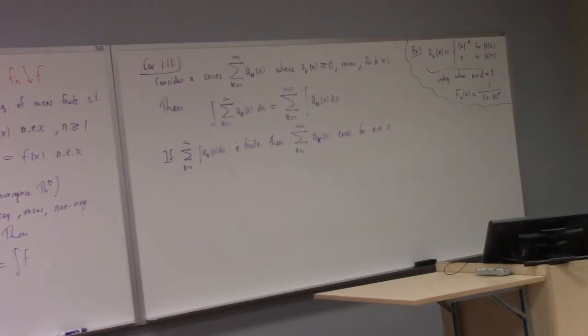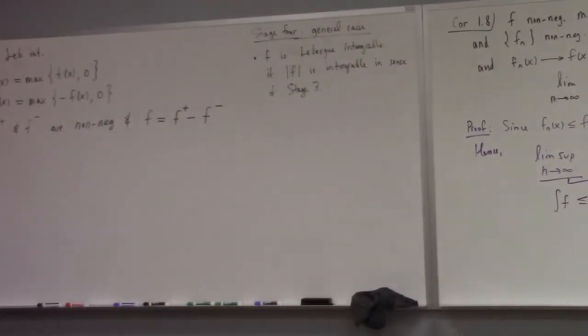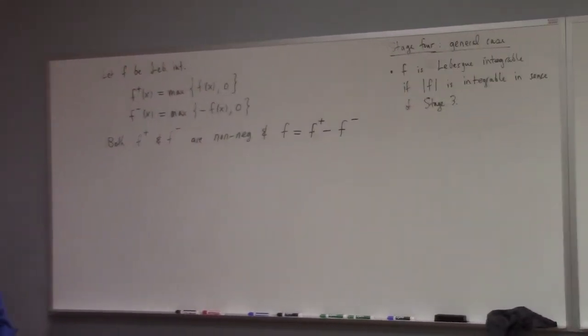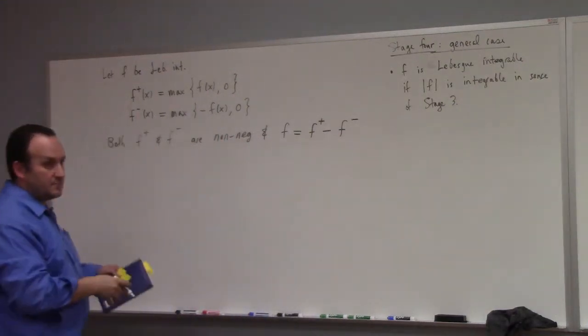So if f of x is 0 or positive, okay, great. But if f of x is negative, then you want to do this. If f of x is negative, then the f plus is 0, and the f minus is minus f of x. So you put a minus to bring it back to f of x again. That's just an identity. And of course, if it's 0, well, these two different silly things agree, right? They just both give you back 0. So we have a decomposition of f into a difference of these non-negative functions, right?